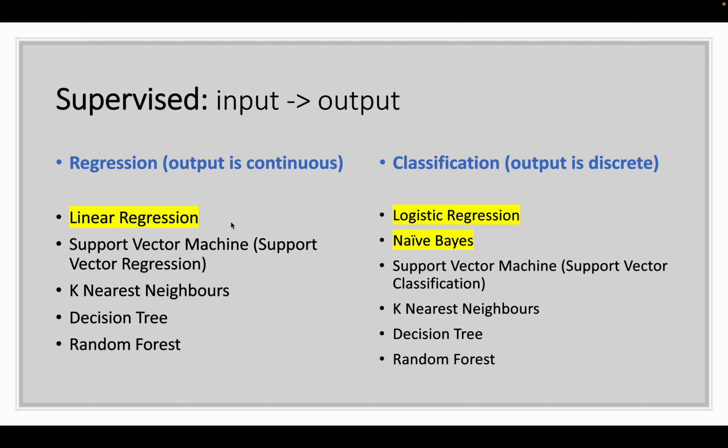But be aware that in the future when you are learning an algorithm, you need to know what problems this algorithm can solve. Is it supervised learning or unsupervised learning? If it's supervised learning, is it regression or is it dealing with classification?